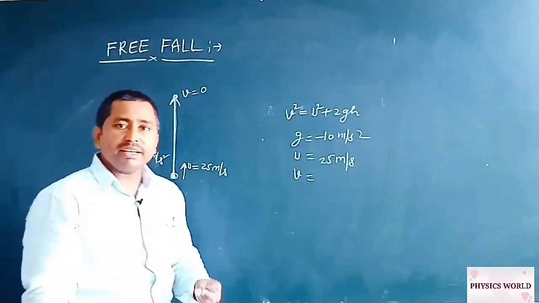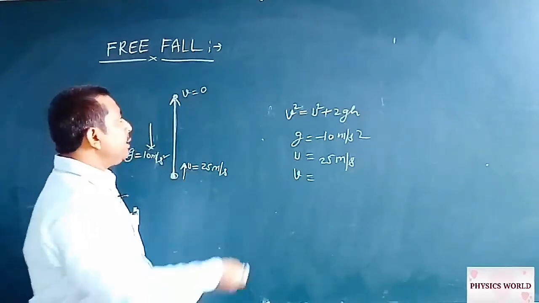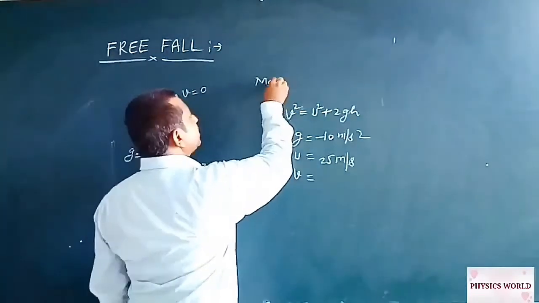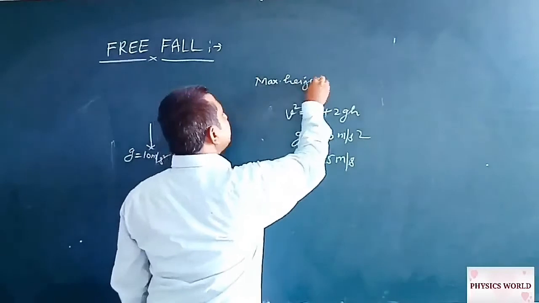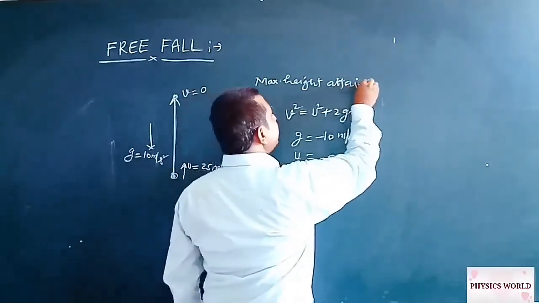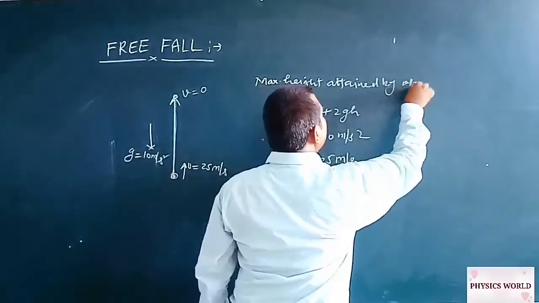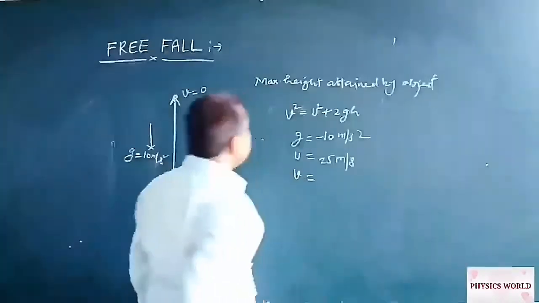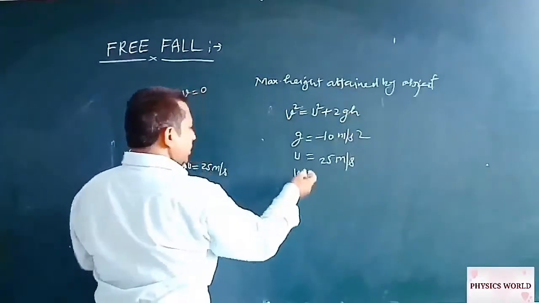So it can be easily calculated by putting the value of v as 0 in this equation.